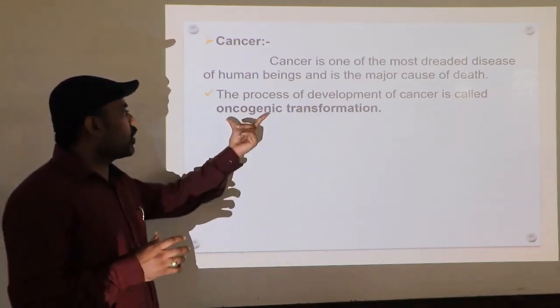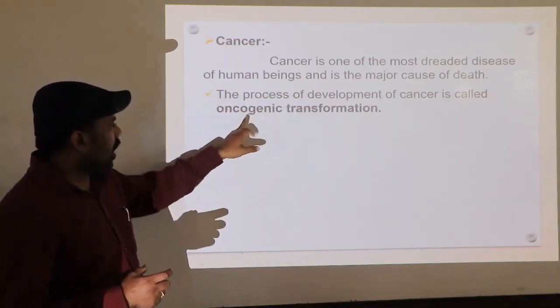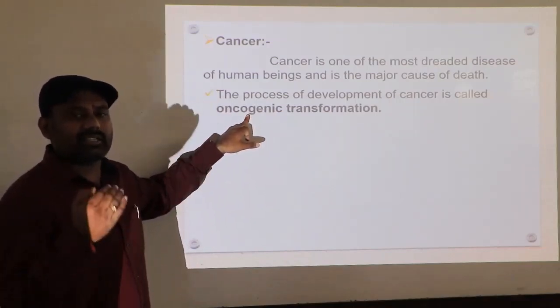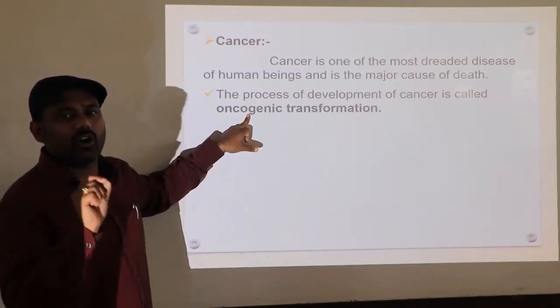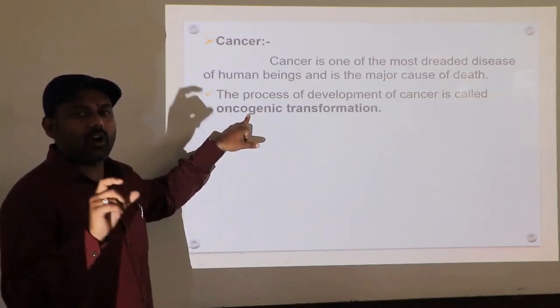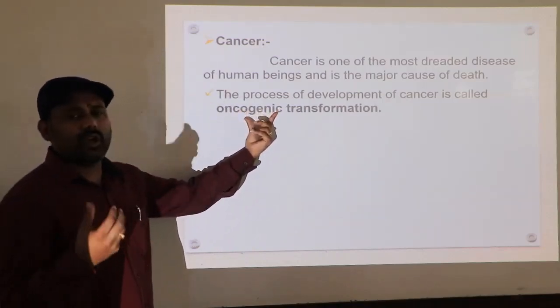When you split the word oncogenic, onco refers to cancer. The study of cancer is called oncology. Do remember the word. So onco refers to cancer, genic refers to producing.